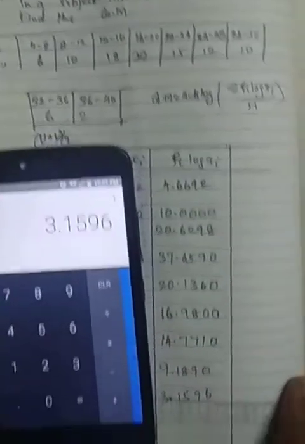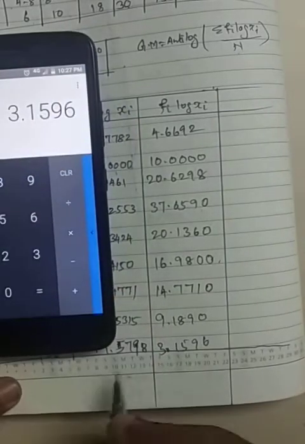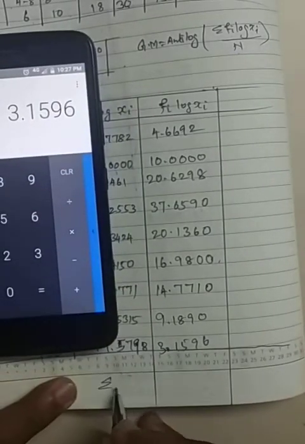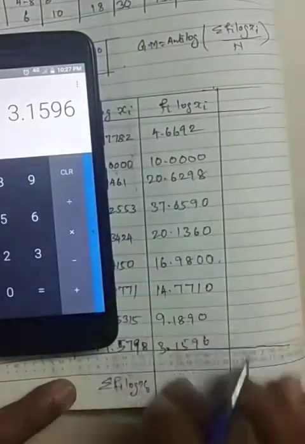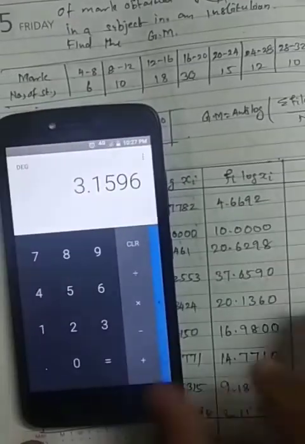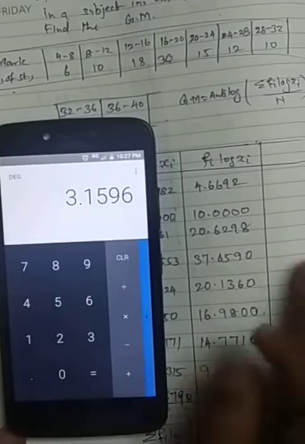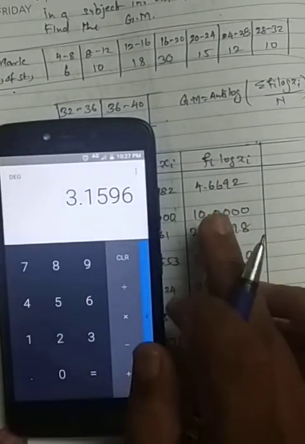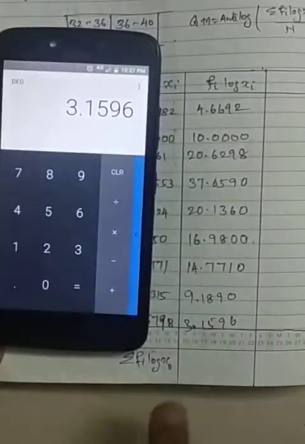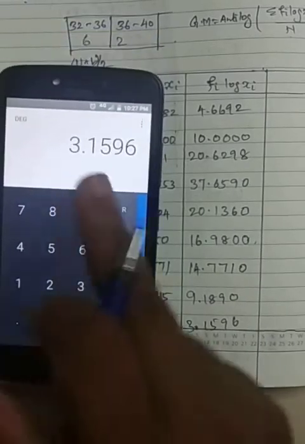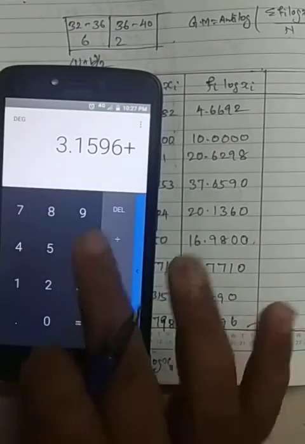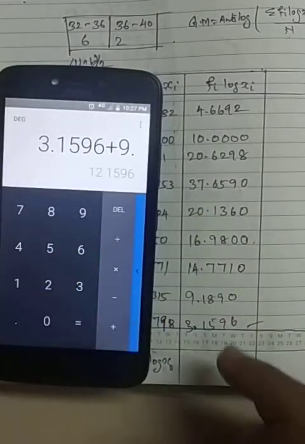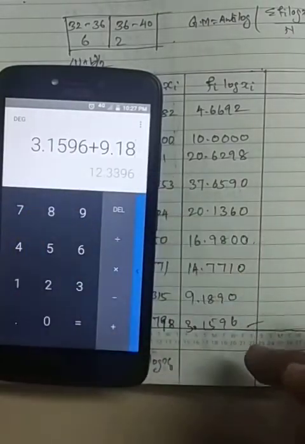So after this, finally the value we need to get is summation fi log xi. We need to add all this column, so I'll do it simultaneously here, you just check it. What is the first value? We will go with the last also, not an issue, because one value is already here, so I've written here, plus 9.1890.